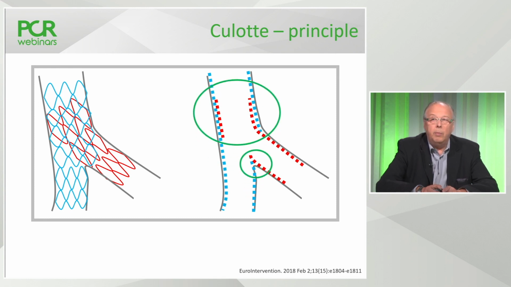First, we have a minimal overlap, or at least not a full overlap, in the proximal part, because we need to minimize this overlap. And we also have a good coverage of the carina, which is something very important. And we have only one layer distal to the carina, which is also very important in both branches, the main branch and the side branch.